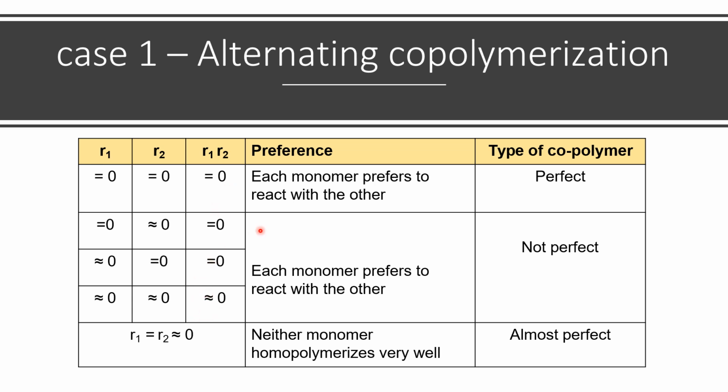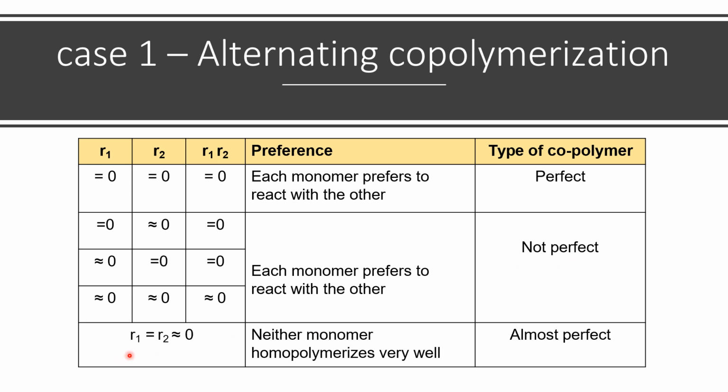So this makes a preference where each monomer prefers to react with the other, which means you still have alternating, but it is not a perfect alternating copolymerization as before. So you have perfect alternating copolymerization, and the second case is not perfect alternating copolymers.